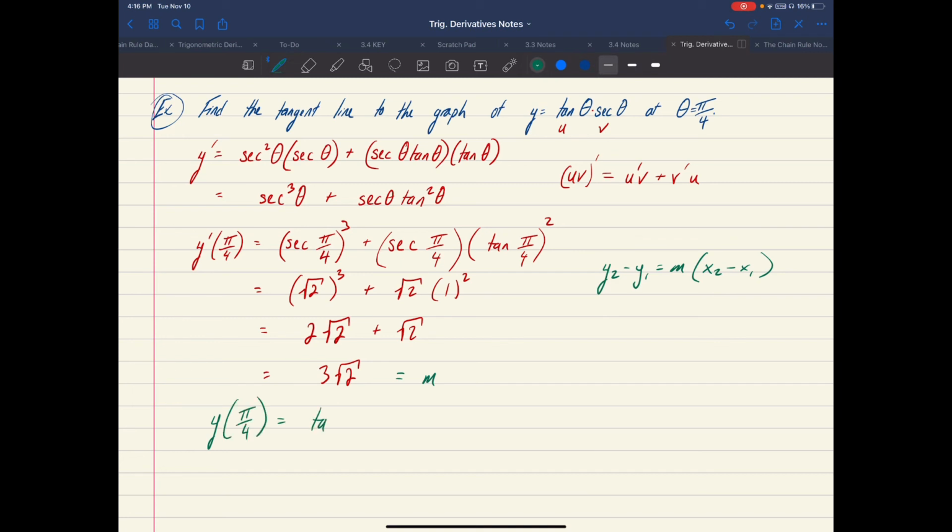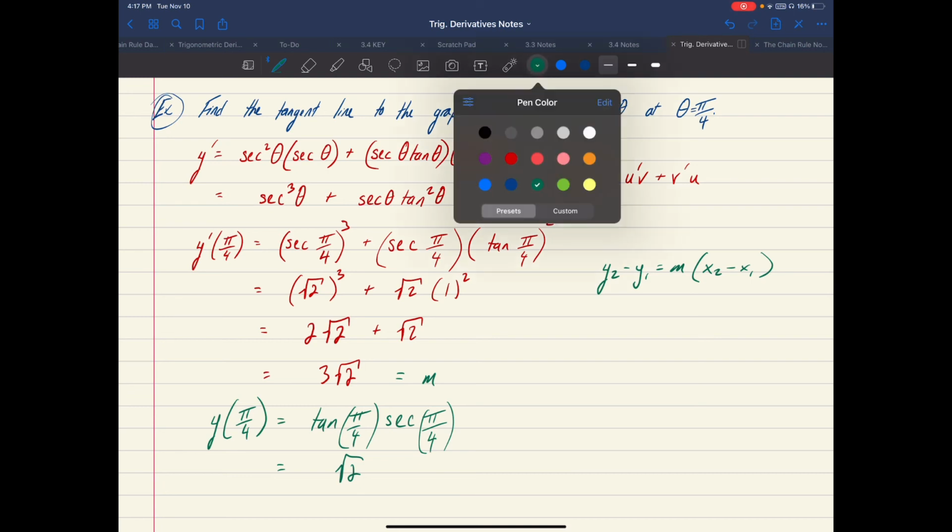So that would be tangent of pi over 4 times secant of pi over 4. So y of pi over 4 is going to be 1 times root 2, so this would just be root 2. That is our y value.